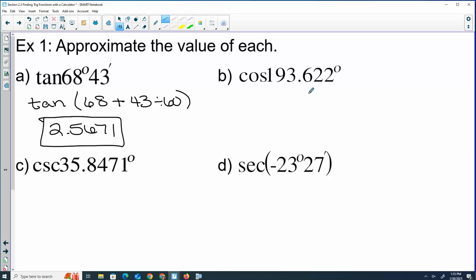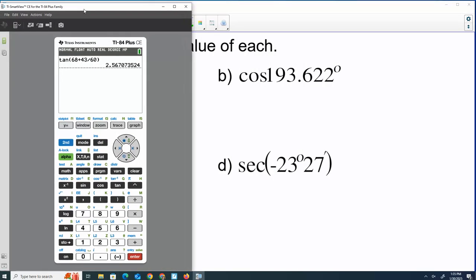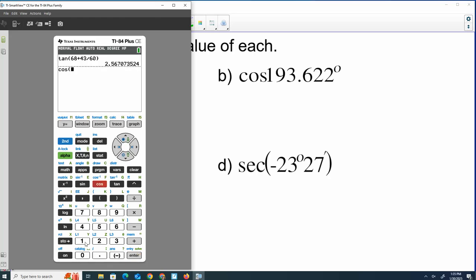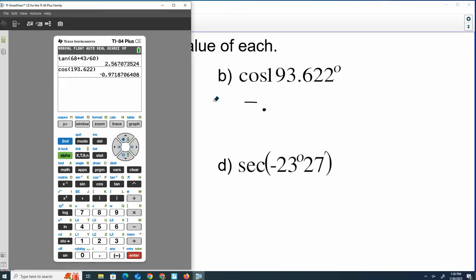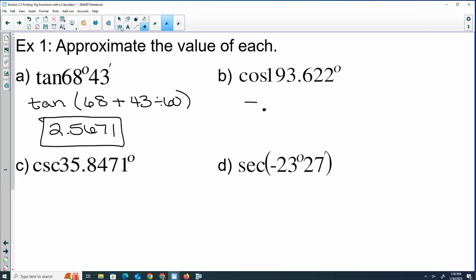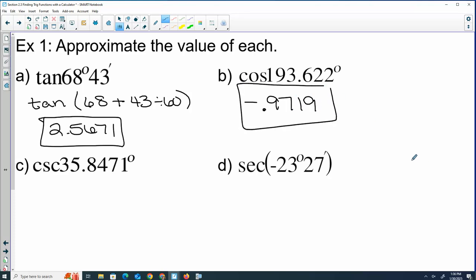Alright, you guys tried cosine of 193.622 degrees. Let's see if we get the same thing. Negative 0.9719. Did you guys both get that? Okay.